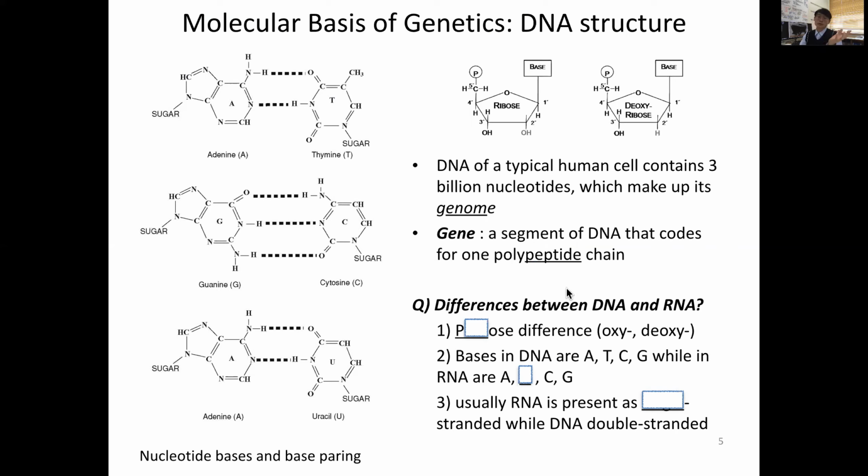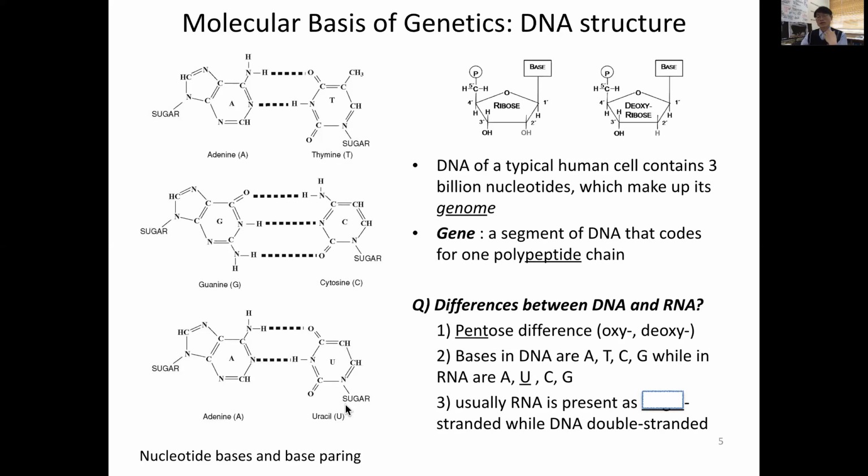Depending on DNA and RNA, you can see what the differences are here. The 5-carbon sugars are different. That's a pentose, either oxy or deoxy. The bases in DNA are A, T, C, G, or adenine, thymine, cytosine, and guanine, while in RNA the others are the same, but there's no thymine; instead it becomes uracil, like here.